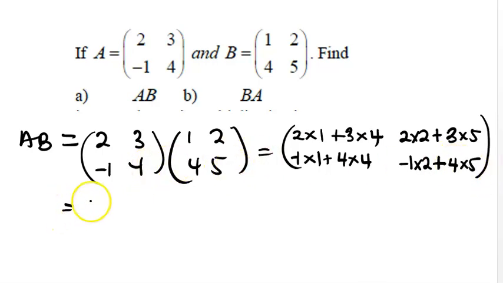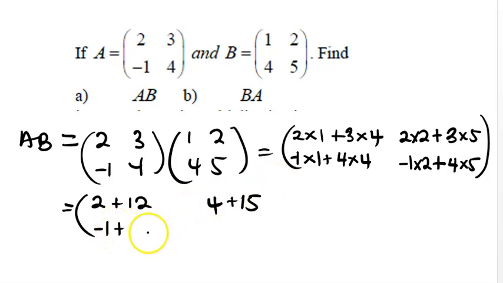Okay, let's continue to simplify. 2 times 1, we have 2, plus 3 times 4, that's 12. Then let's come to this side: 2 times 2, 4, plus 3 times 5, that's 15. Minus 1 times 1, that's minus 1, plus 4 times 4, which is 16.